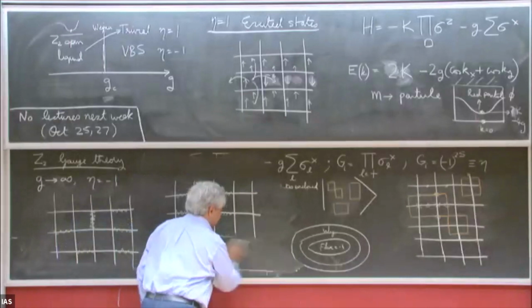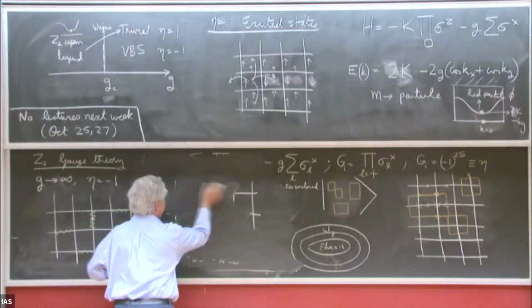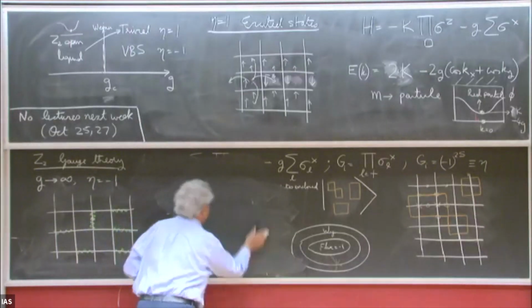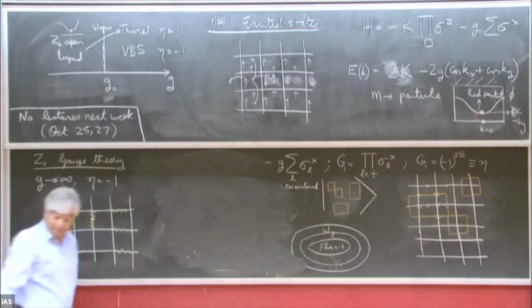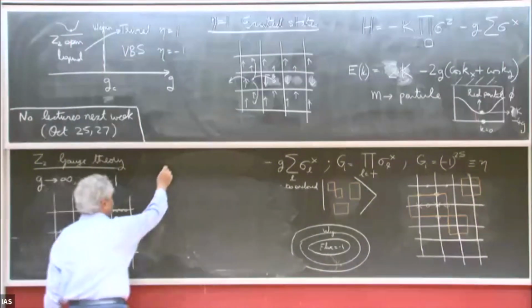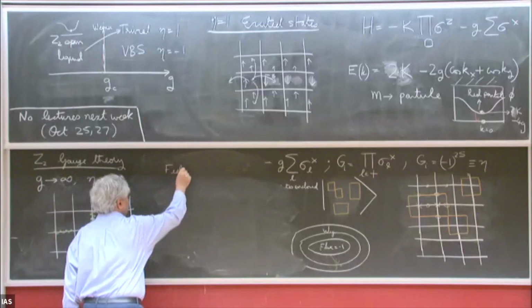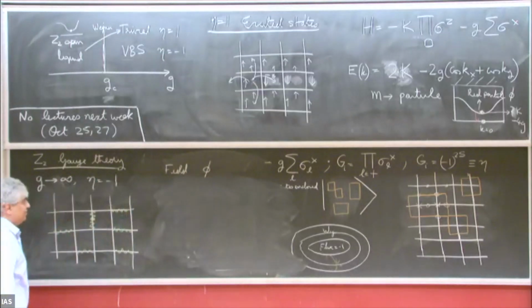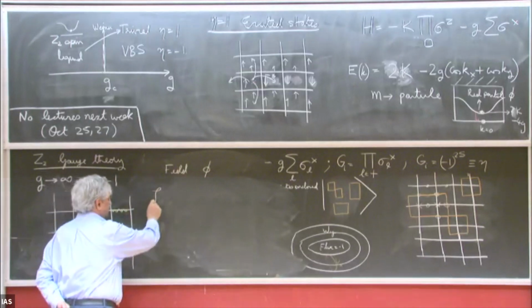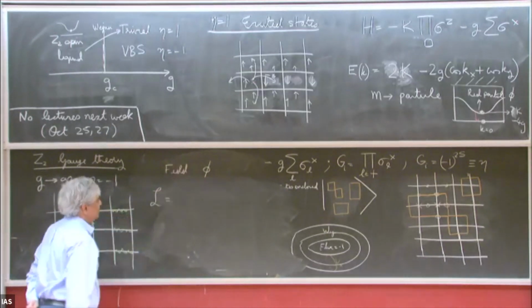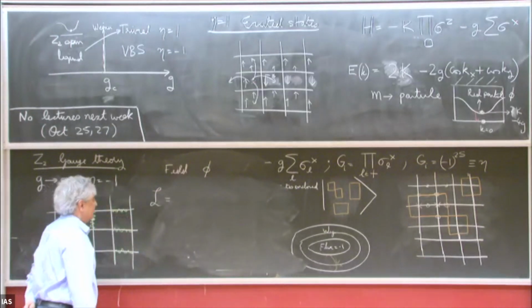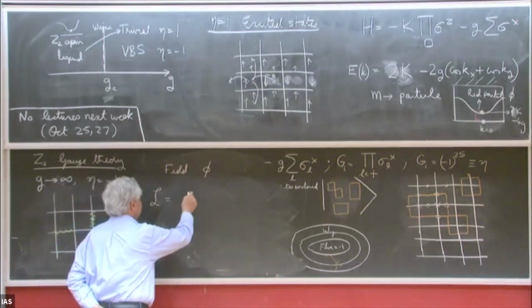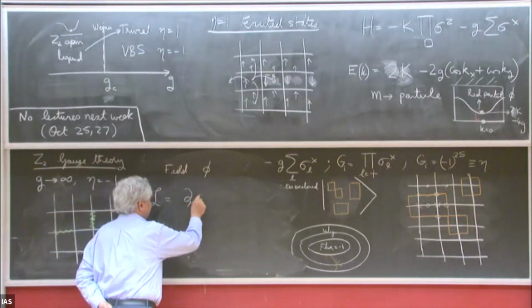So what's the field theory? Well, I already gave you the answer. You have a particle phi, a particle m that's created by a real field phi. And you just write down the continuum Lagrangian for the most general theory consistent with these symmetries, and it turns out to have Lorentz invariance. Need not, but it does.